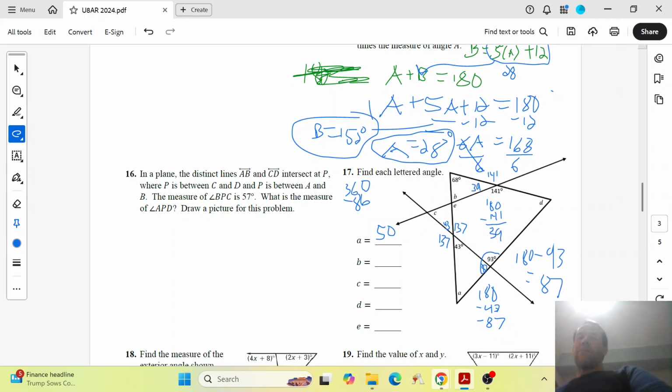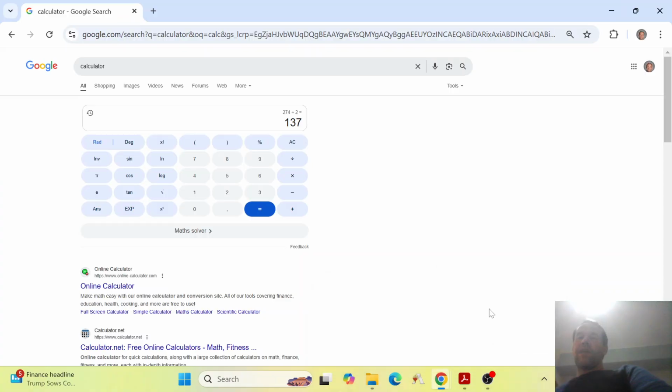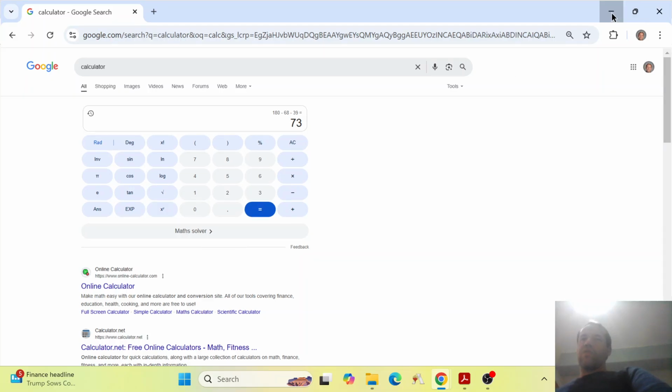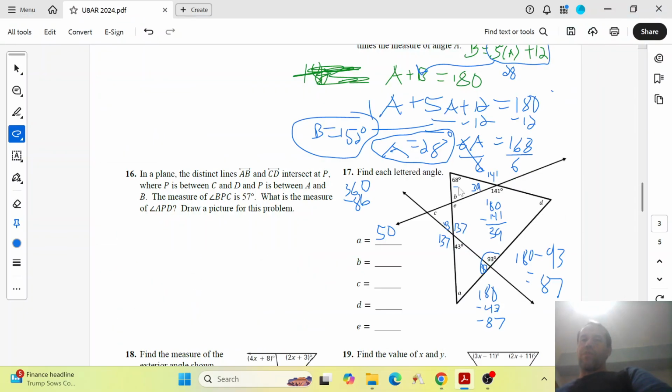So what's 180 minus 68 and 39? So 180 minus 68 minus 39 is 73. So now we know this is 73 degrees. And then the whole thing should add up to 180. So B is 73.